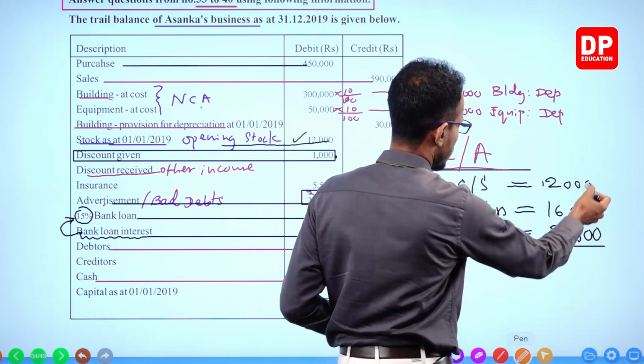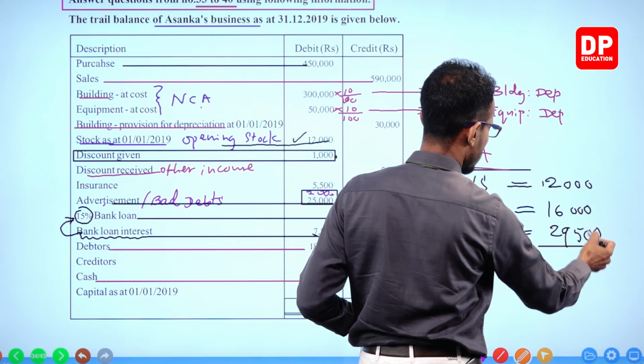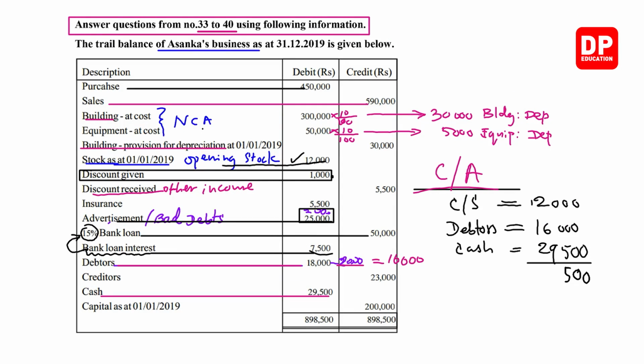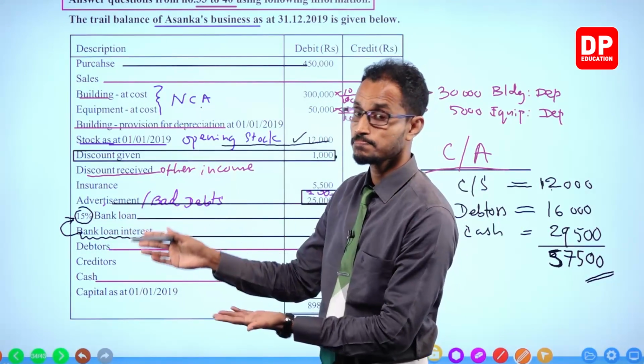Tell me. 5, 6 plus 2, 8, 17, remainder 1, 1 plus 1, 2, 2 plus 2, 4, with the remainder 5. It's 57,500. Go and see.